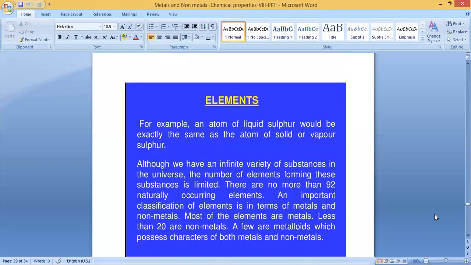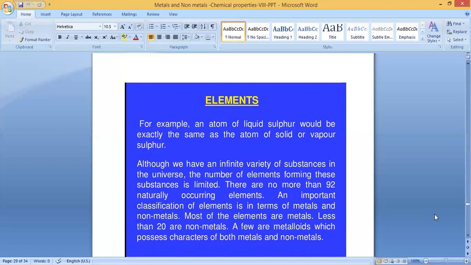For example, an atom of liquid sulfur would be exactly the same as the atom of solid or vapor sulfur. So sulfur is made up of the same type of atoms.